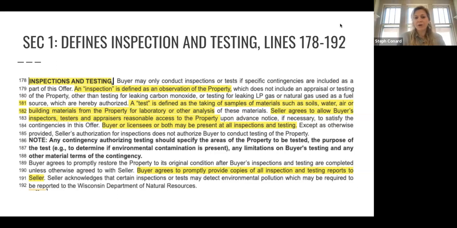Buyer or licensees or both may be present at all inspections and testing. It is not a requirement for us as agents to be at our home inspections. It is an office policy that we want our agents to be in attendance. If you cannot attend your home inspection, and the buyer is going to be there, please make sure that you are making arrangements to have somebody cover for you.